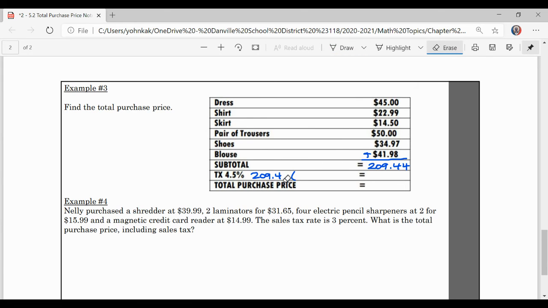That's a 4. Don't want it to look like a 7. And I'm going to multiply by 0.045. That's going to give me sales tax of $9.42. And then to find the total purchase price, I can add the 209.44 and the 9.42 together, and I'm going to get $218.86. So just a different little setup, but same idea.